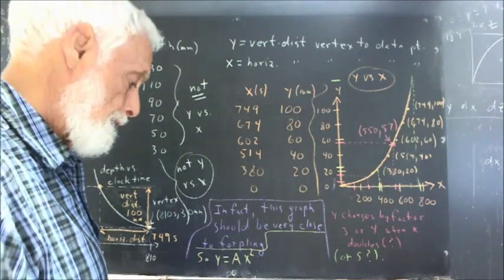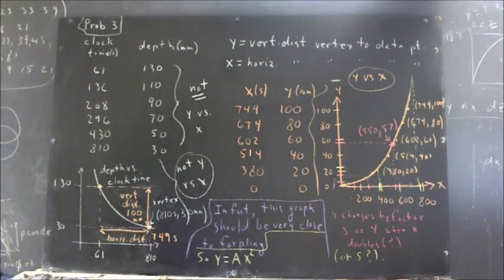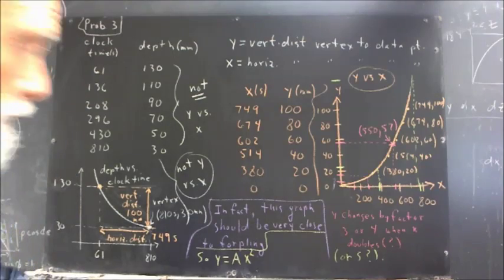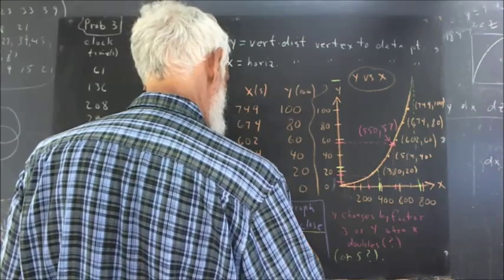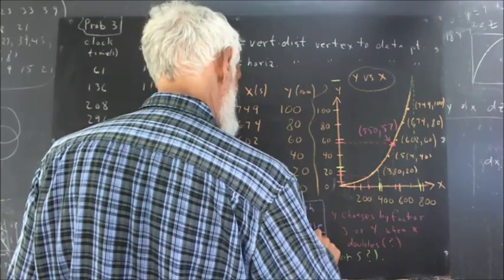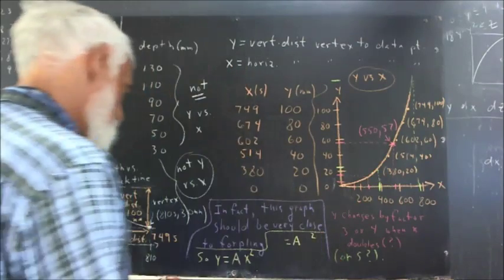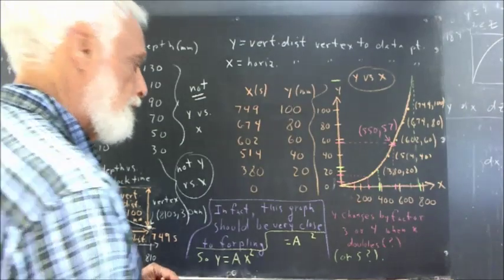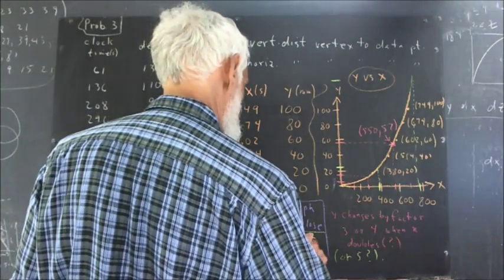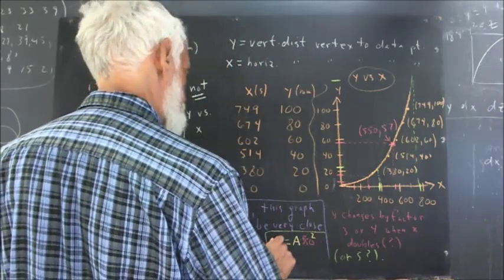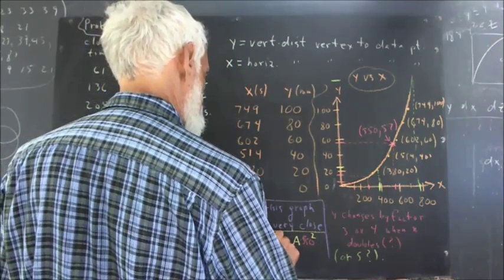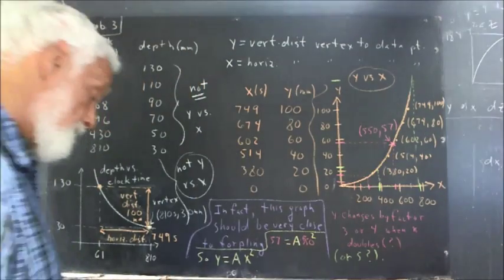So if we plug that in, we get our function. It's y equals a times x squared, where in this case x is 550 and y is 57.